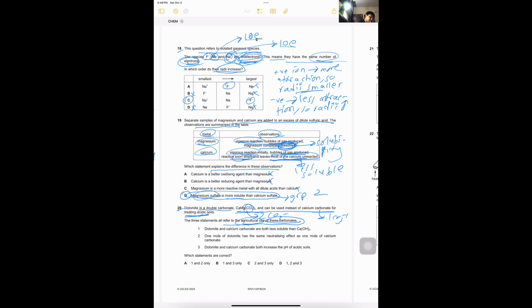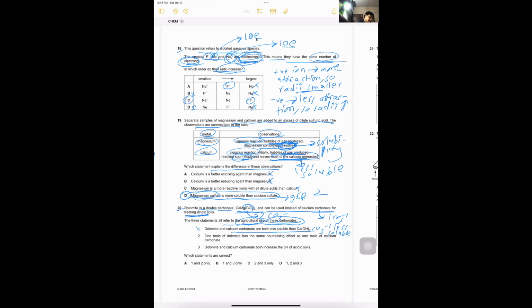Dolomite and calcium carbonate are both less soluble, not really, because carbonates are less soluble than hydroxides or nitrate salts. So that is wrong. Number 1.